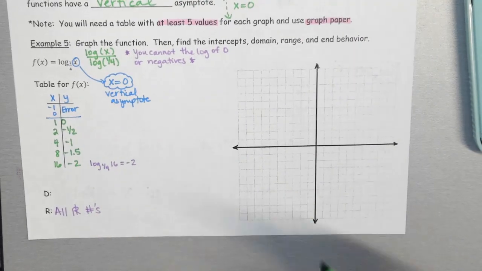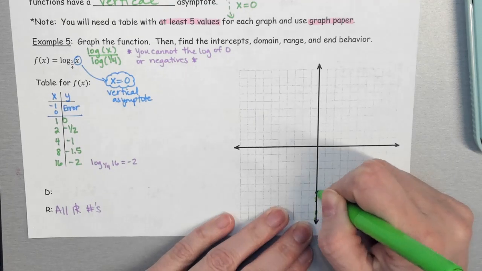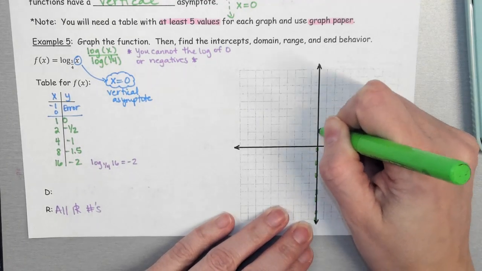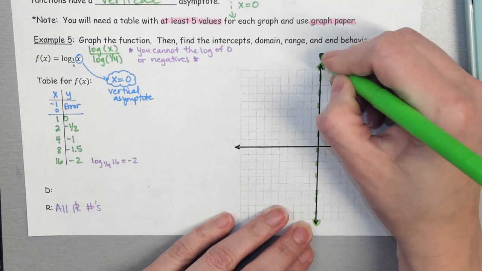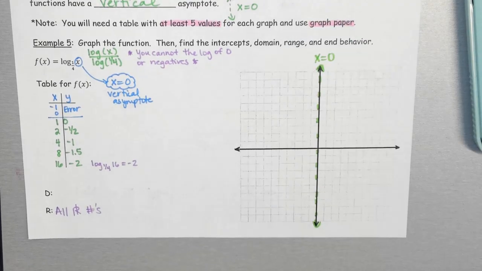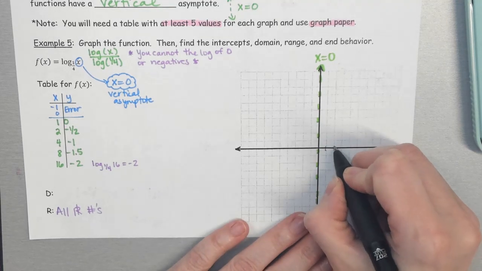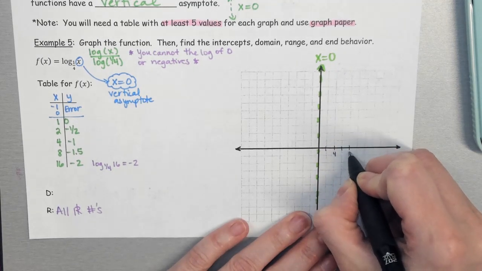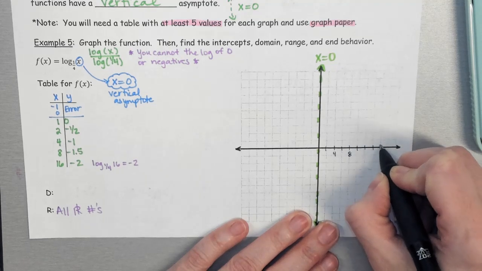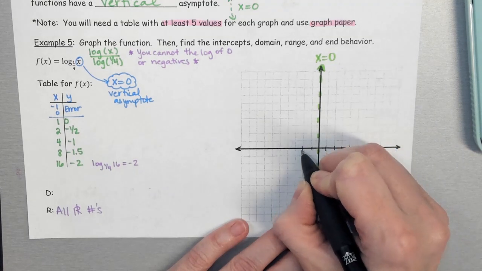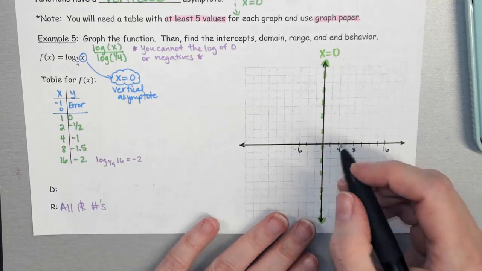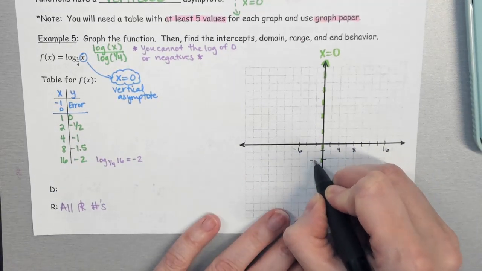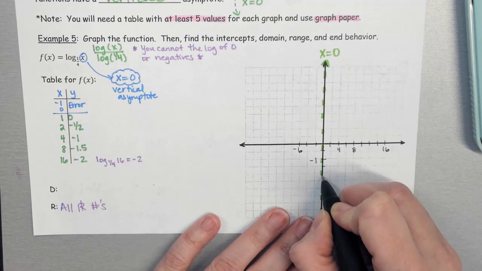So let's put in our asymptote, and then let's think about what a good scale is going to be here, because I need to get to 16. On my x's, I'm probably going to want to go by 2's. So 2, 4, 6, 8, 10, 12, 14, 16. And based on my y's, I'm going by a half, so I should go by halves.